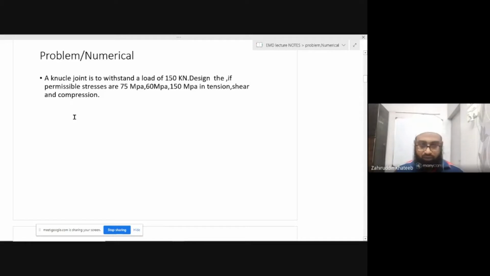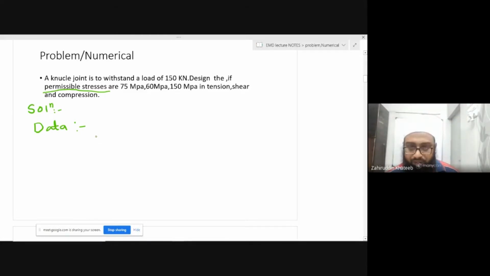First we will write the data given to us. Here you have to mark this permissible stress. Since we are given permissible stress, we need not bother about factor of safety.